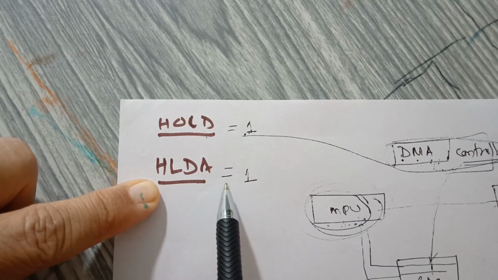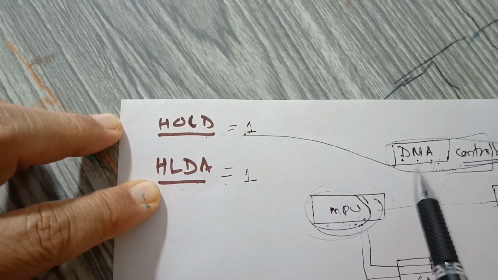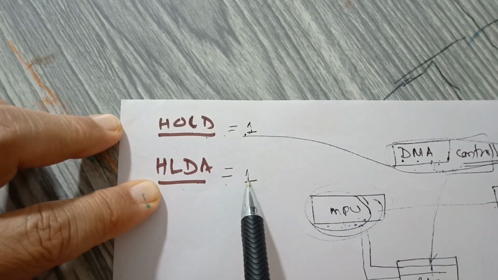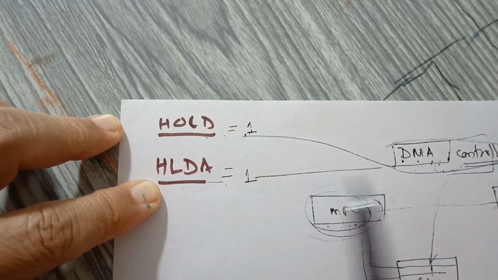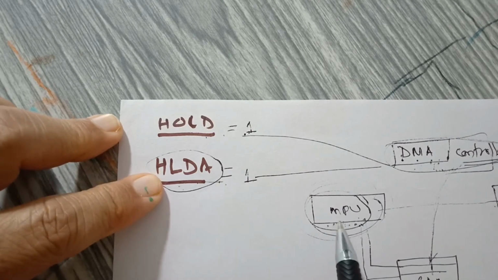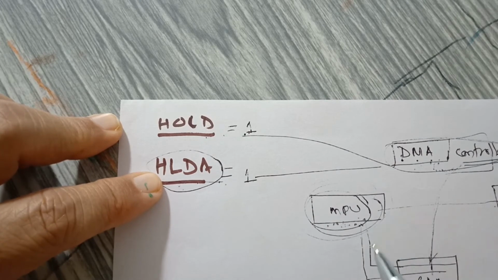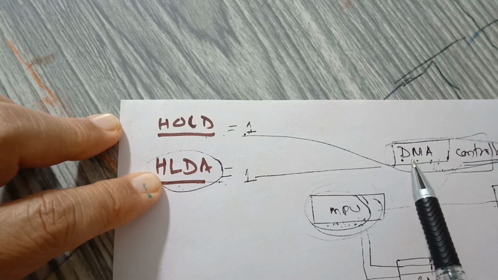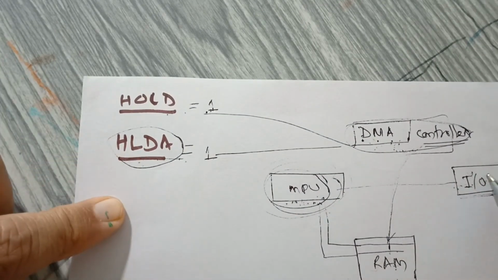Hold acknowledge means this one made the request, this one accepted it, how will it know? By sending 1. So this is the hold acknowledge, and when this is 1, it means the microprocessor unit has released control of the address and data bus. Now the address and data bus can be used by the DMA controller, and it will transfer the data from input to RAM or RAM to output at a high speed.